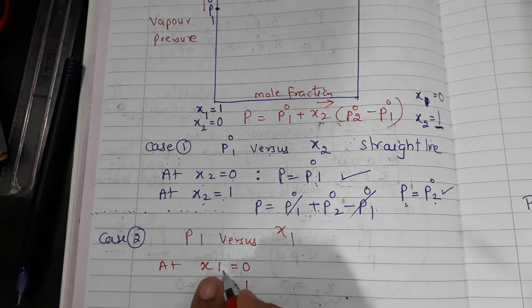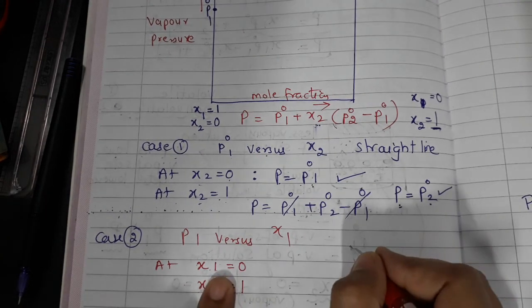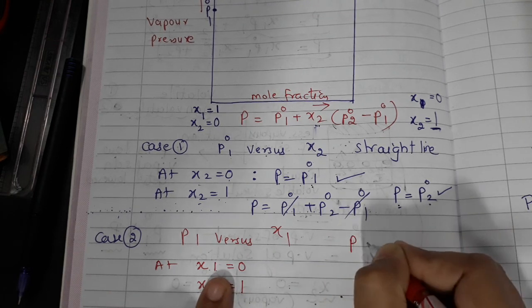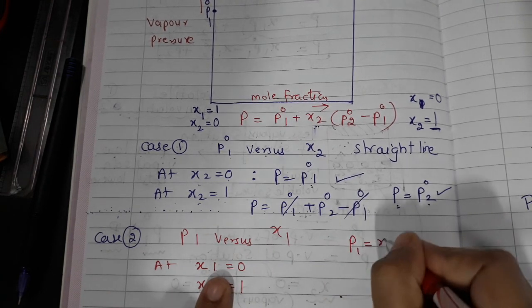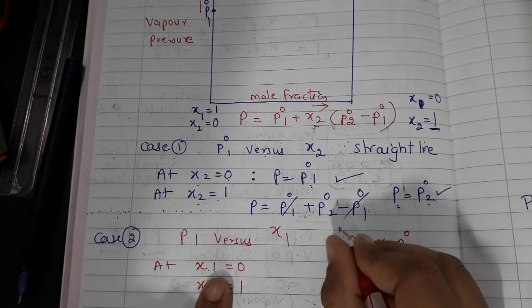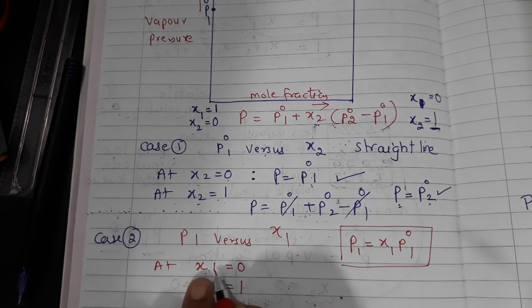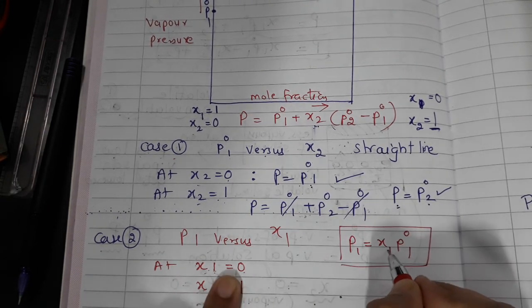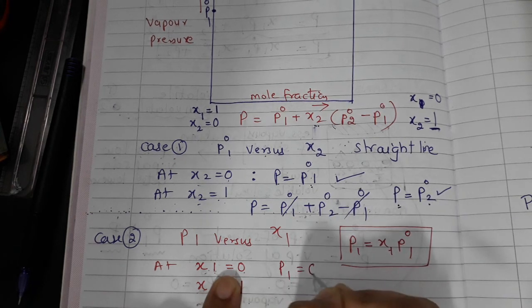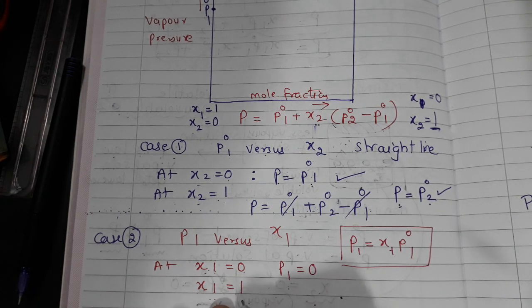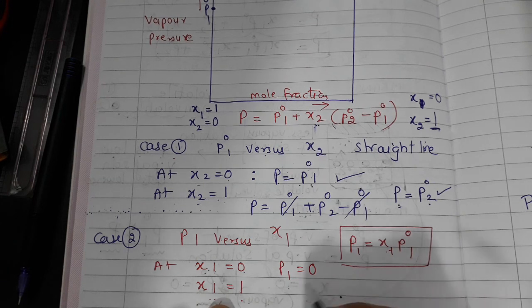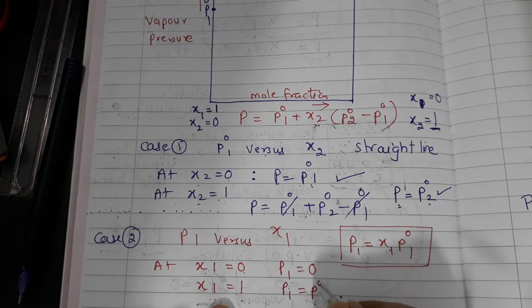Which expression do you have to see? You have to see this expression, P1 is equal to x1 P01. Substitute the value over here. When x1 is 0, your P1 is going to be 0. When x1 is 1, you will be getting P1 is equal to P01.